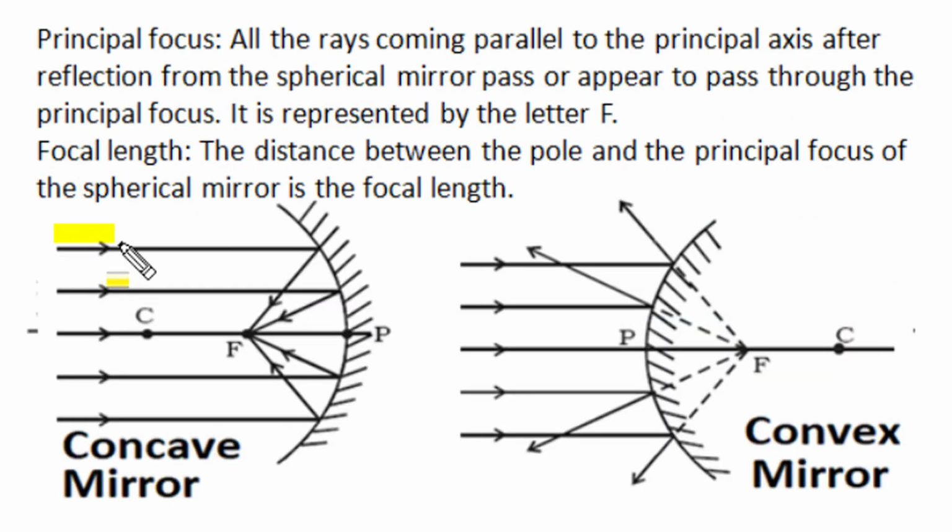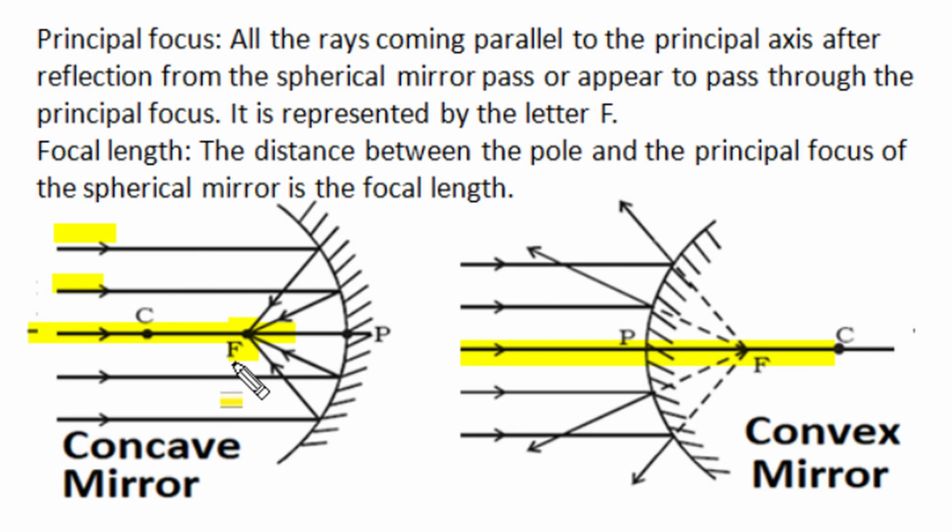All the light rays which are coming parallel to the principal axis of either a concave mirror or convex mirror, after reflection from the spherical mirror, either pass through or appear to pass through a single point, and that single point is known as the principal focus of the concave or convex mirror.